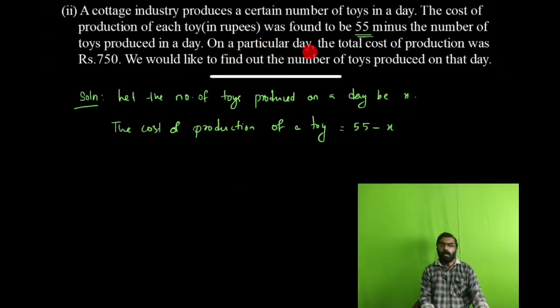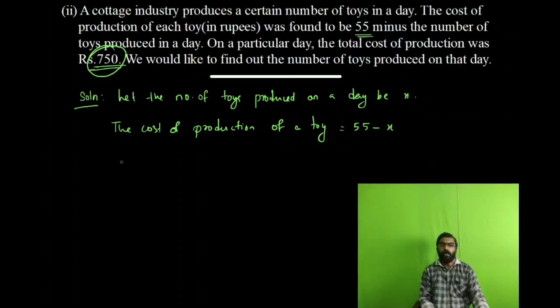And on a particular day, the total cost of production was 750. The cost of production on a particular day was found to be 750. We have to find what? The number of toys. So how to find the cost of production? We have to multiply these two values: the number of toys into the cost of production.